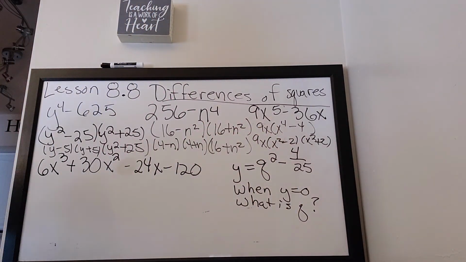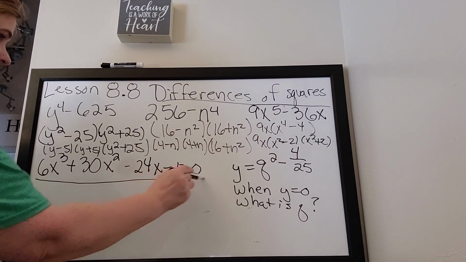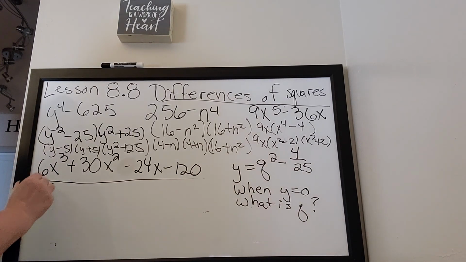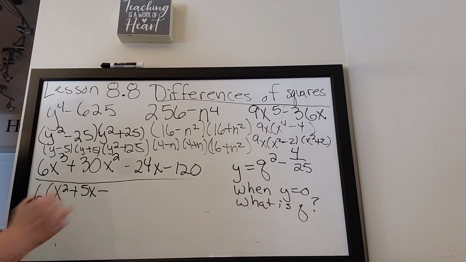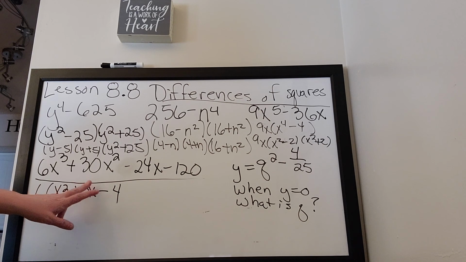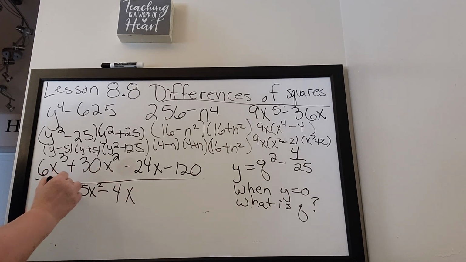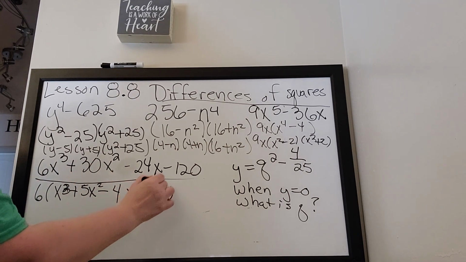Okay, this long one, we need to take out what it has in common first. It has a 6 in common. So we're left with x cubed plus 5x squared minus 4x minus 20.